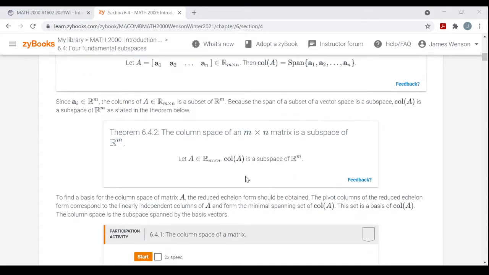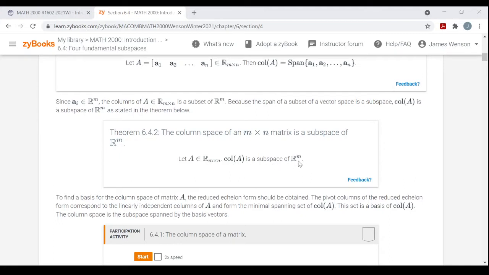And we could prove this by showing that it's non-empty, closed under addition, and closed under scalar multiplication. You could show very easily that if A is some m by n matrix, then the column space of A is a subspace of Rm.